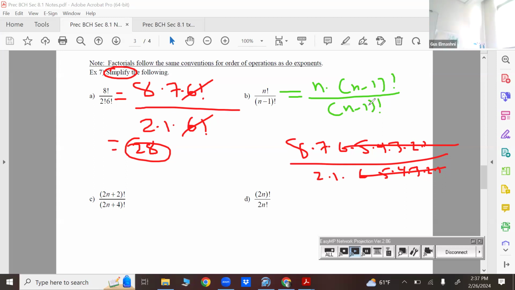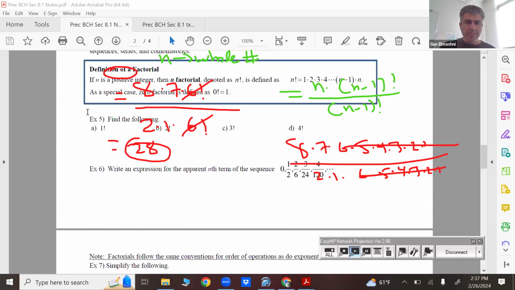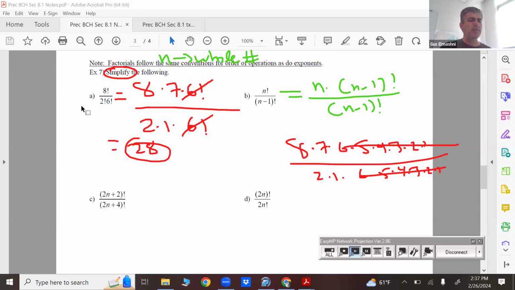So n factorial is higher. But by the way, the other thing I should tell you is that n must always be a whole number. It might have been mentioned on the previous page. I don't know. Yeah, n's always a whole number, positive integer, and you can put 0.